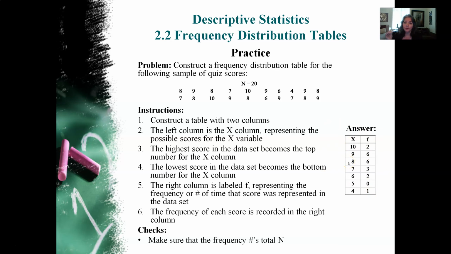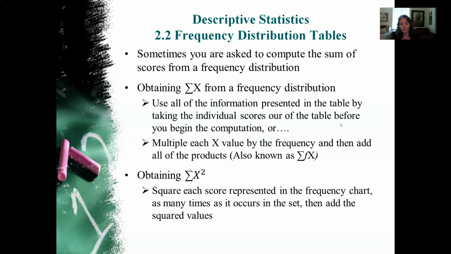So when we want to use a frequency table to do sum of x, the most common mistake is people focus on the x column and they forget about the frequency column. And you can't. You have to really create a third column. And that's not uncommon, where when you start with a basic table for computational purposes as you're doing various statistics, then you'll go ahead and add columns that allow for these new formulas.